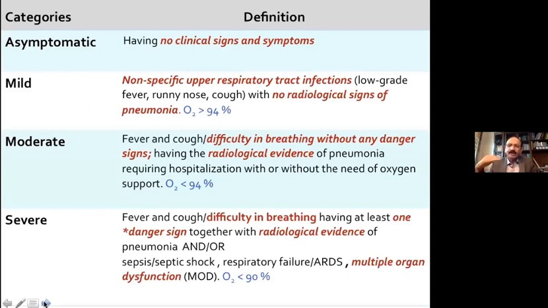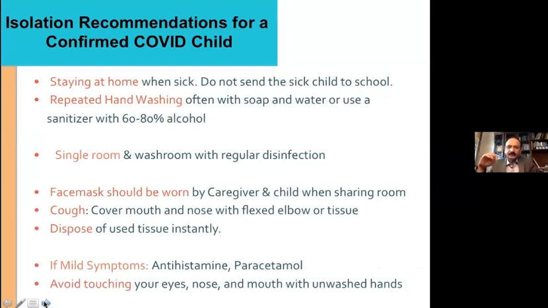And of course, radiological evidence, and the most important radiological evidence in this context is HRCT, if you have the facility. If you don't have that, then a chest X-ray and pulse oximetry would help you decide whether this is a moderate or a severe case. But all moderate and severe cases need to be admitted in the hospital.